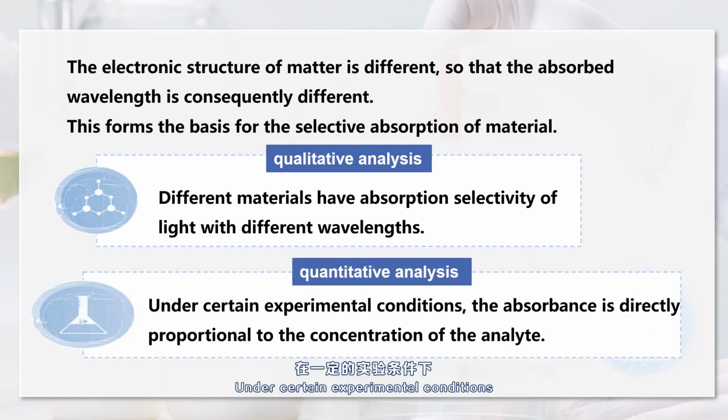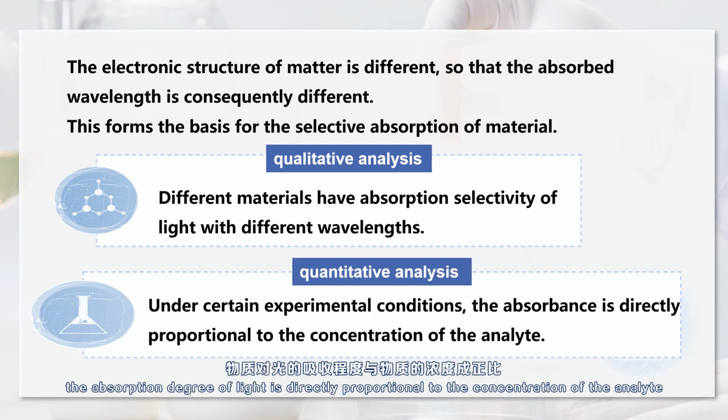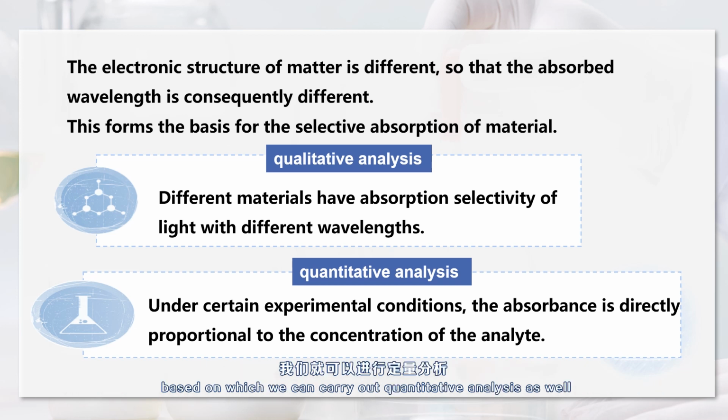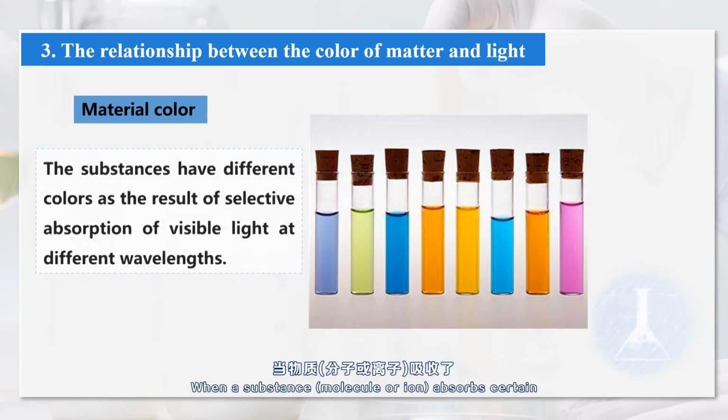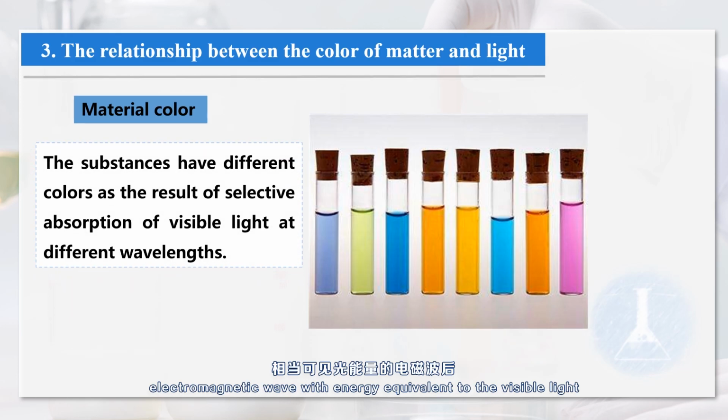Under certain experimental conditions, the absorption degree of light is directly proportional to the concentration of the analyte, based on which we can carry out quantitative analysis as well. When a substance absorbs electromagnetic waves with energy equivalent to visible light, it presents a color that the human eye can perceive.